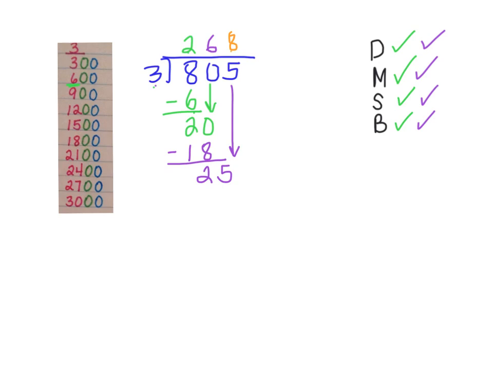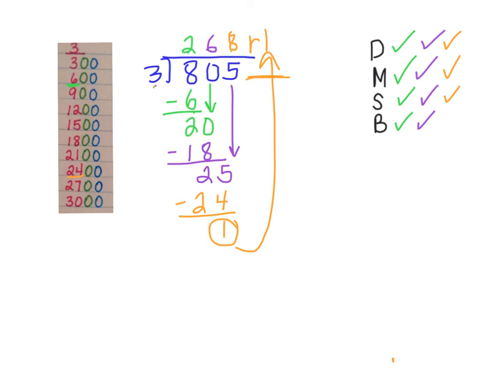Then I know 8 times 3 is 24. 25 minus 24 is 1. And there's nothing up here to bring down. So that means 1 is my remainder. And I must come up to the top and write remainder 1.